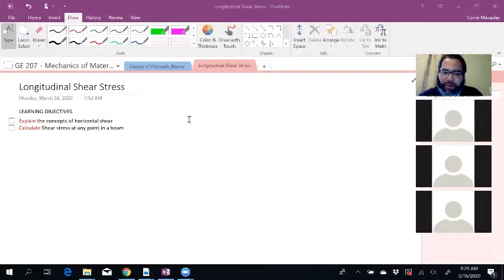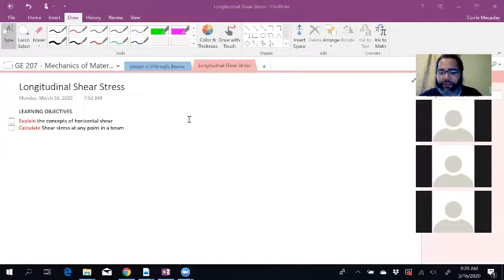For the most part, the normal force has been zero, unless we have a fixed end where we might have a lateral or horizontal resistance, then that normal force would exist.